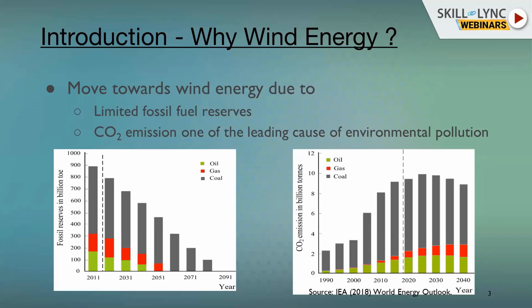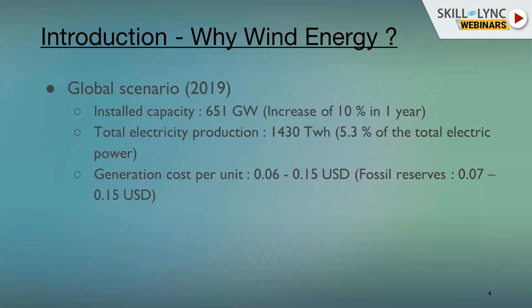So for these two reasons, all the countries are shifting their focus to generating power from renewable sources, mostly solar and wind. You'll be curious to know what the installed power capacity is till date, and this is last year's data.